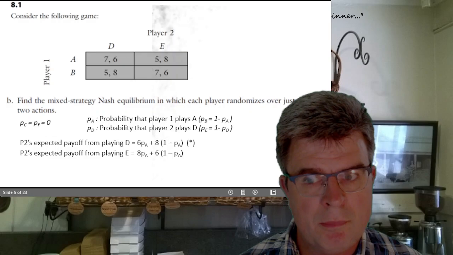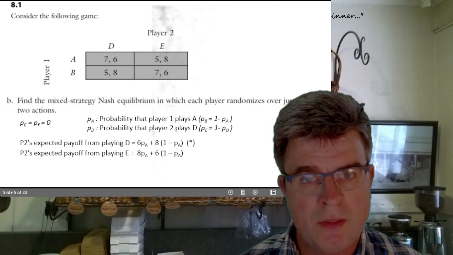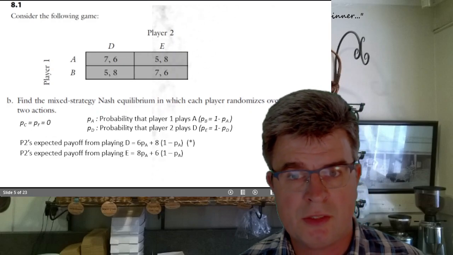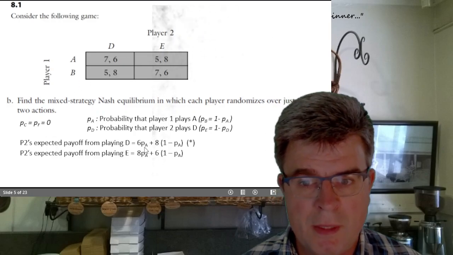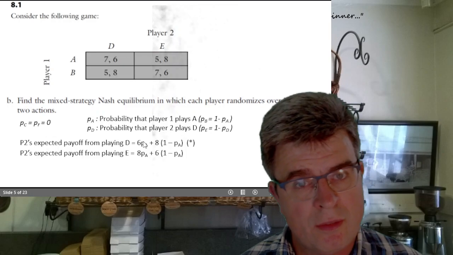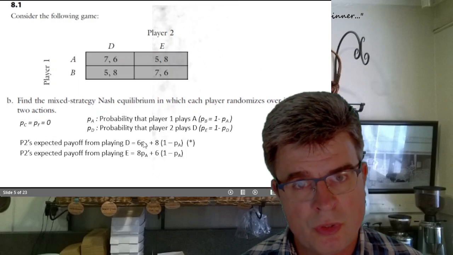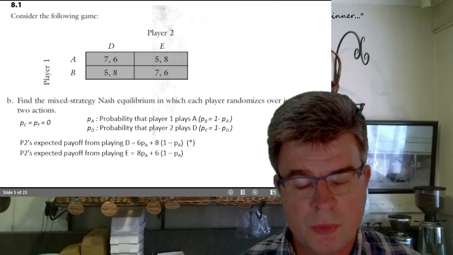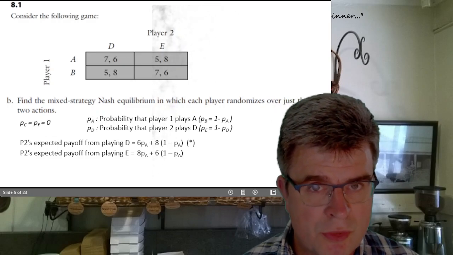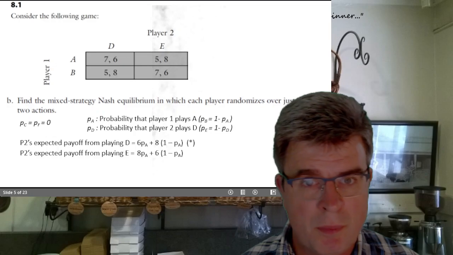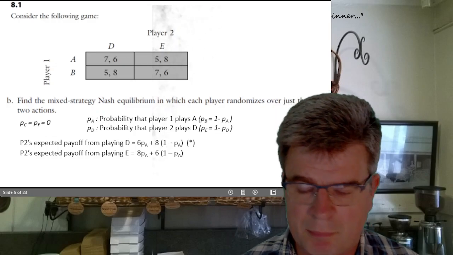Now, in equilibrium, player 2 needs to be indifferent between playing D or E. So the probability PA needs to be such that it makes player 2 just indifferent between choosing action D or E. If we had a strict preference for one of the two actions, then we would not end up in a mixed strategy equilibrium.